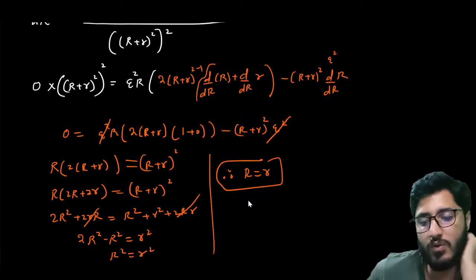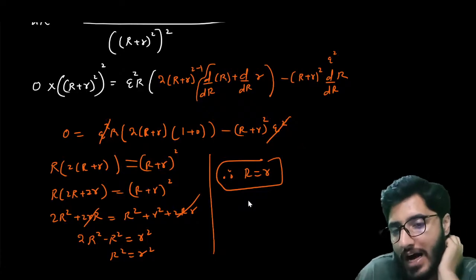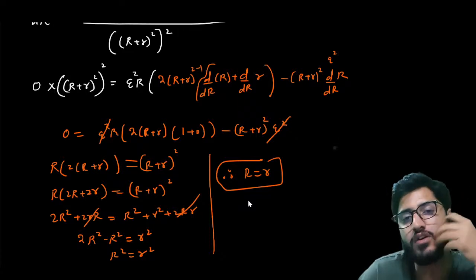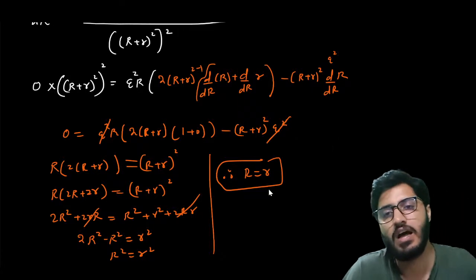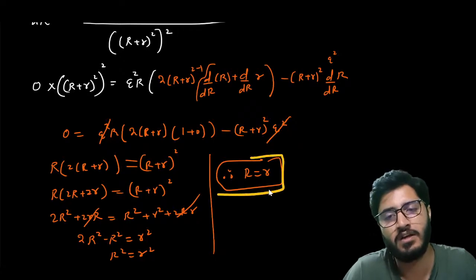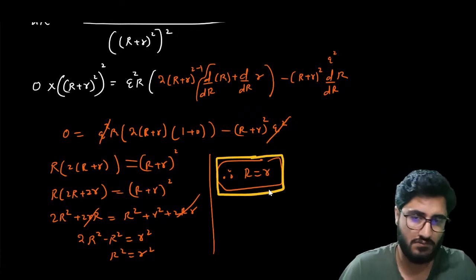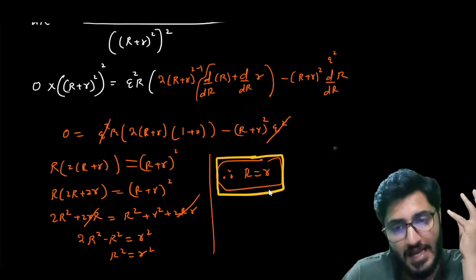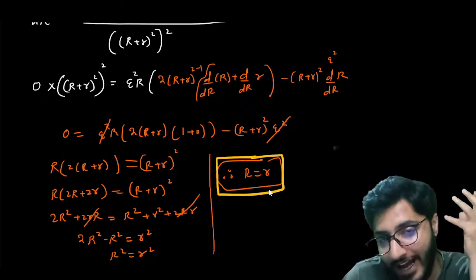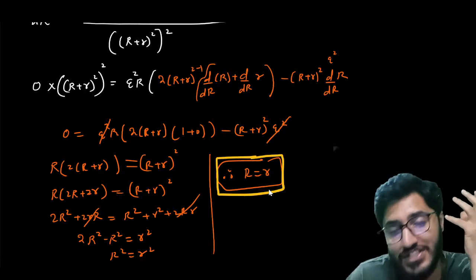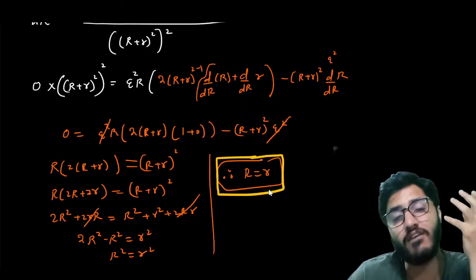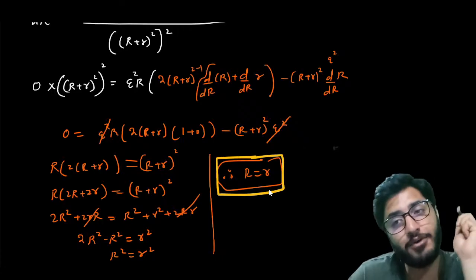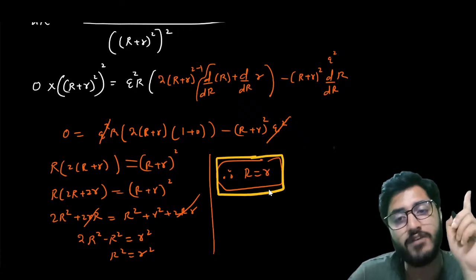Do you know what is the meaning of R equals r? Do you have any idea about the usage or the meaning of R equals r? So the meaning of it is, if we have a circuit in which the value of external resistance is equal to the value of internal resistance, at that particular instant, my power will be maximum.